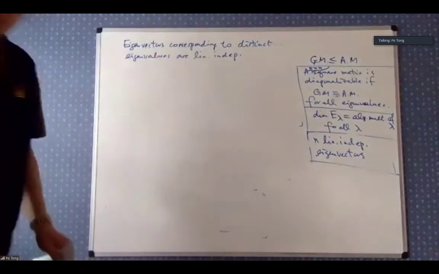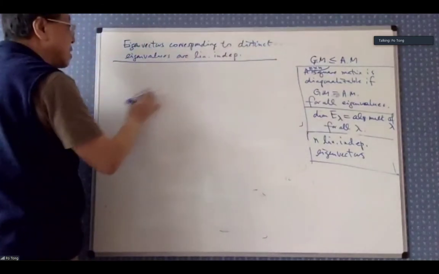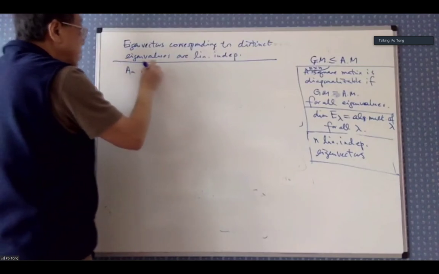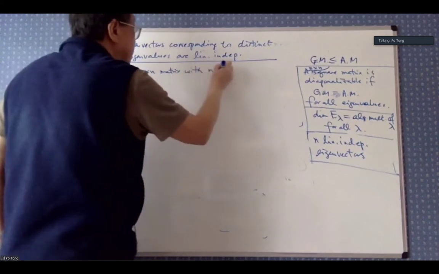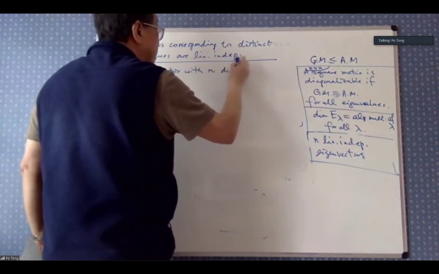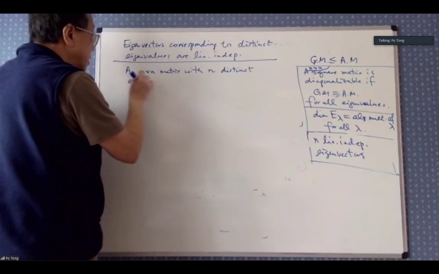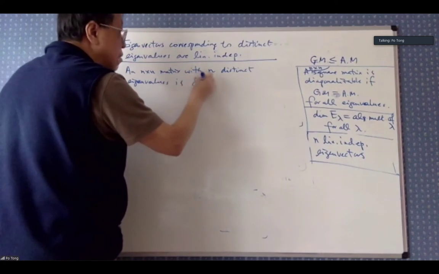Okay, so maybe I just also write down here: eigenvectors corresponding to distinct eigenvalues are linearly independent. An n by n matrix with n distinct eigenvalues, is it going to be diagonalizable?